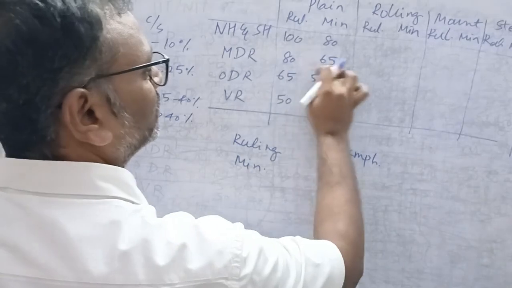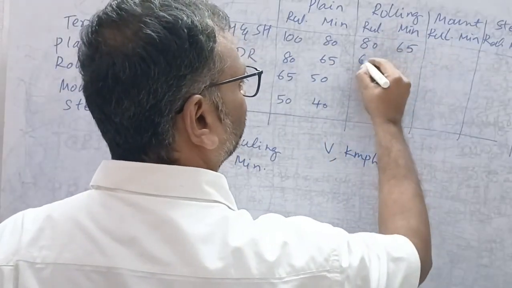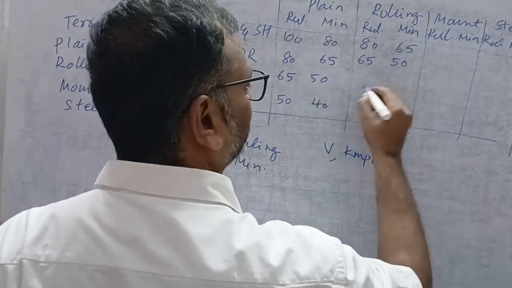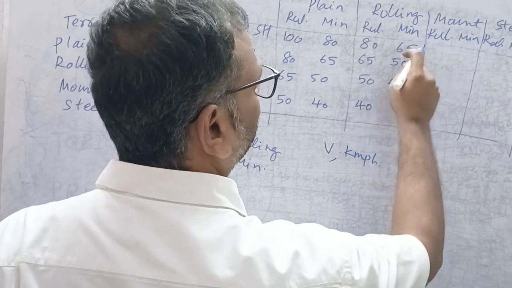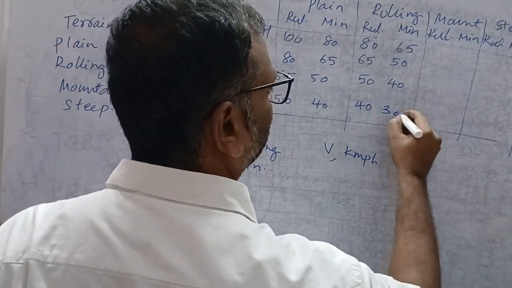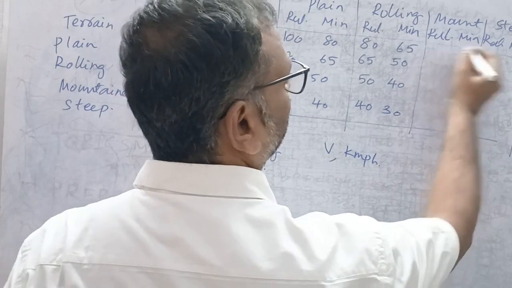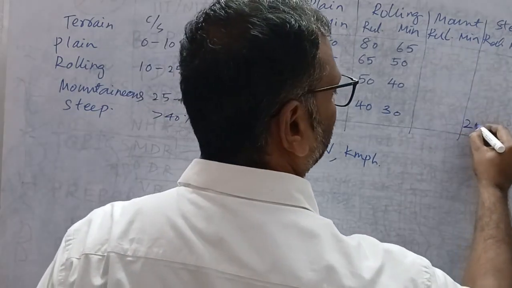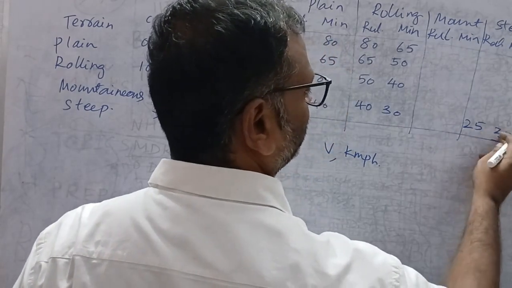Similarly, this 80 you continue here: 80, 65, 50, 40 and 30. And now for mountainous and steep, we have 25 and 20 as the minimum design speed.